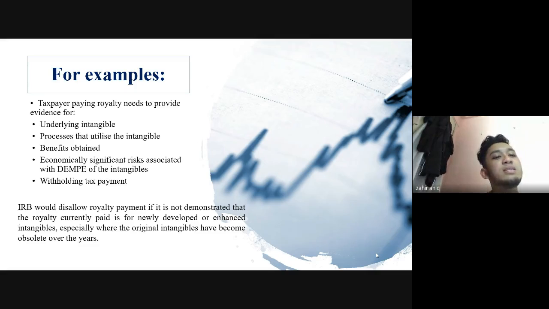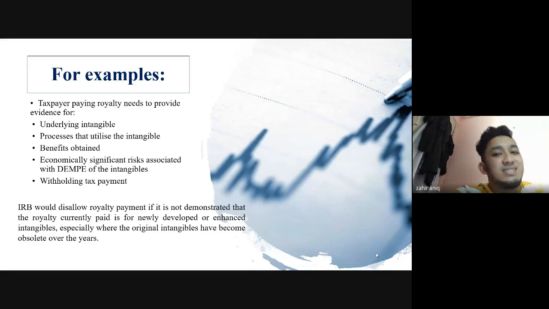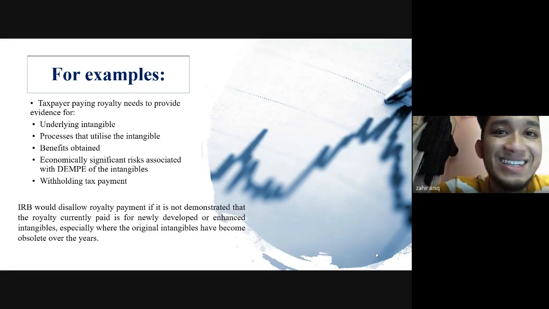The IRB will disallow royalty payments if it is not demonstrated that the royalty currently paid is for a newly developed or enhanced intangible, especially where the original intangible has become obsolete over the years. Okay, that's all.